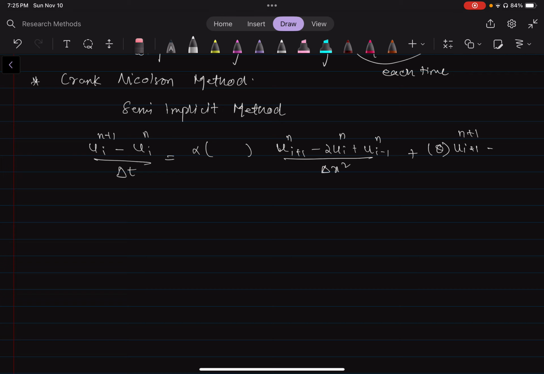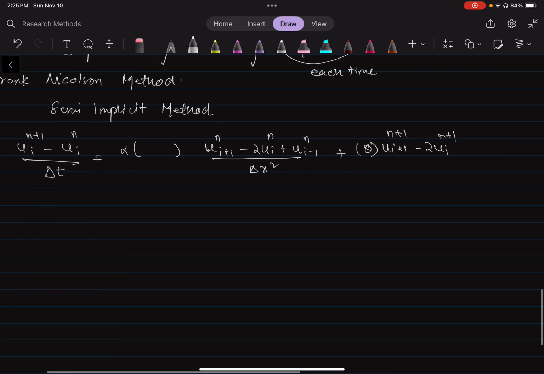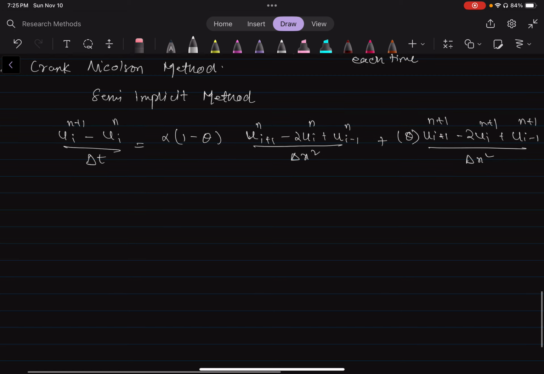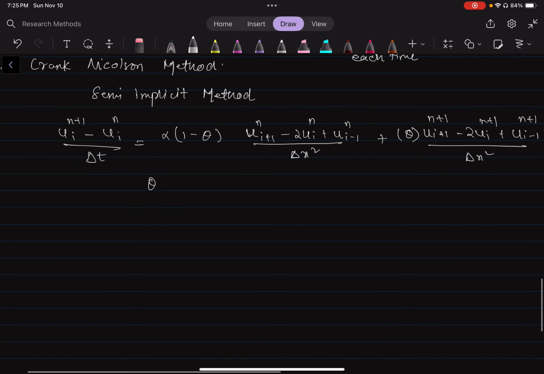And so here, basically this theta parameter controls the amount of implicitness or explicitness to be allowed.